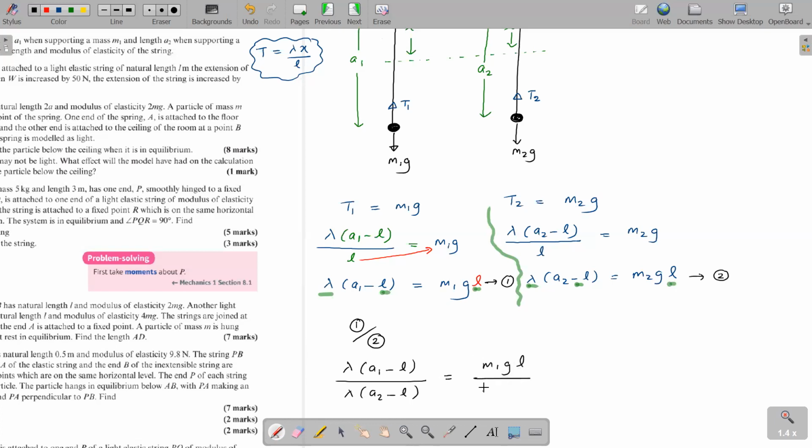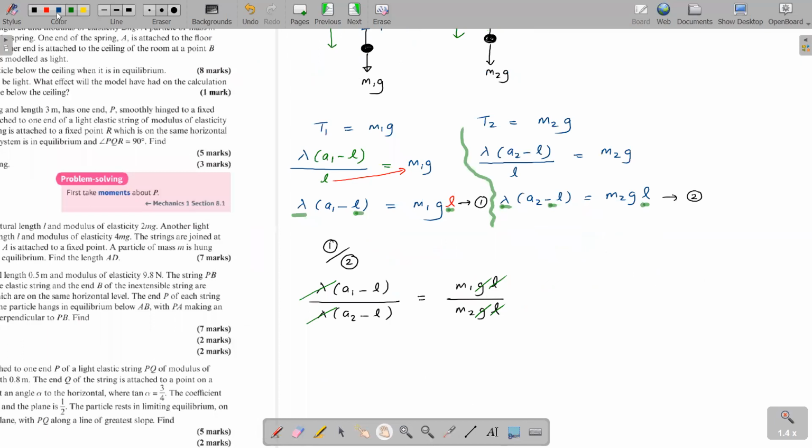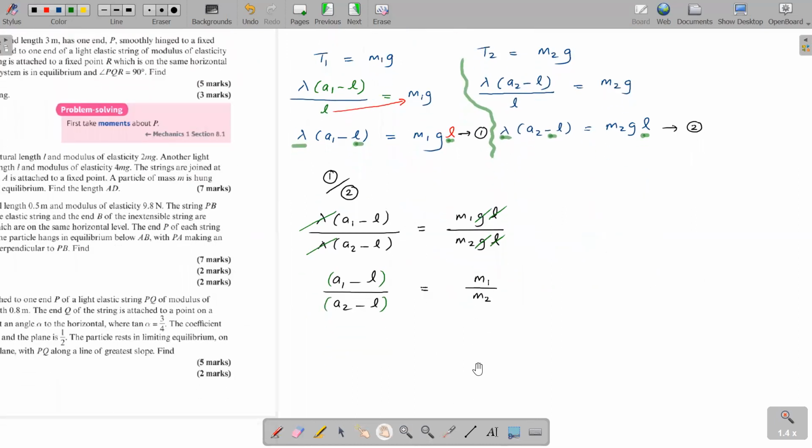M1GL over M2GL. So you can see now many terms cancel out. What are the terms that cancel out? Lambda cancels out. G and L cancel out. Can you see? (A1 minus L) over (A2 minus L) equals M1 over M2. Let's cross multiply and make L the subject. So you can see you get L in terms of M1, M2, A1, A2.